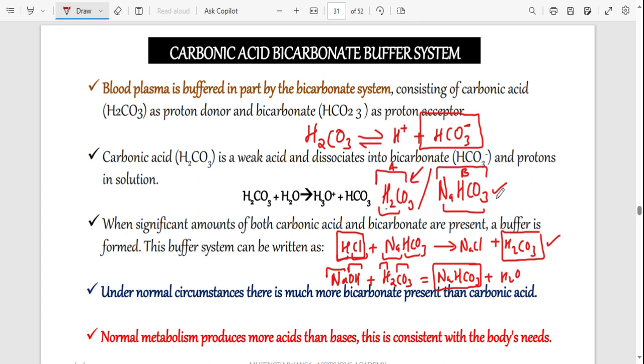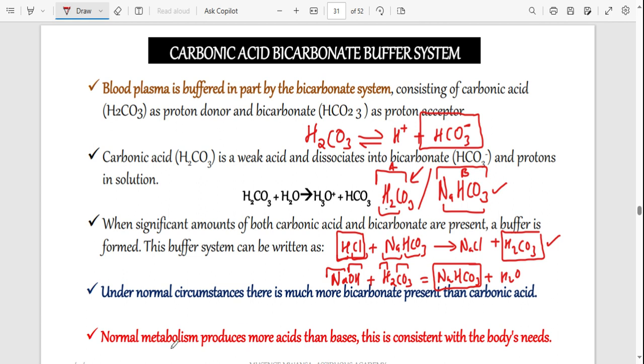So we are forming more base. Does this make sense? Is this okay? Okay. So you need to take note of which one is reacting with which, because those are the questions that they'll be able to ask.